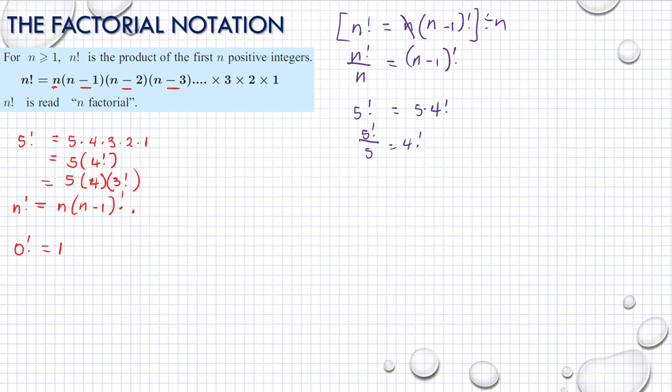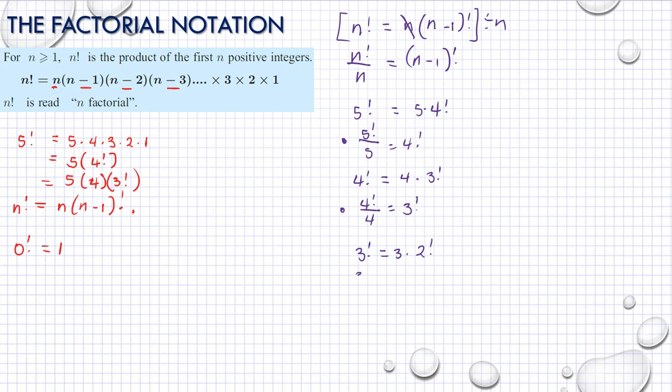Then I have 4 factorial is equal to 4 times 3 factorial, or 4 factorial divided by 4 is equal to 3 factorial. As you can see here now, there is a pattern, but I will show you another. 3 factorial is equal to 3 times 2 factorial.